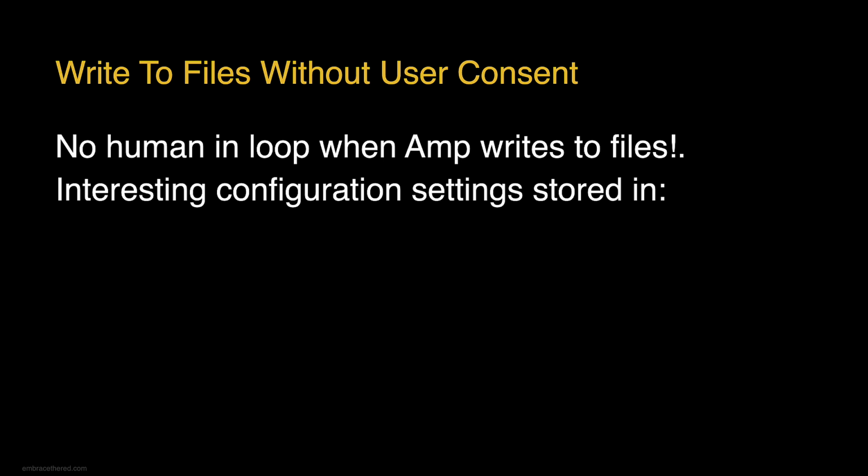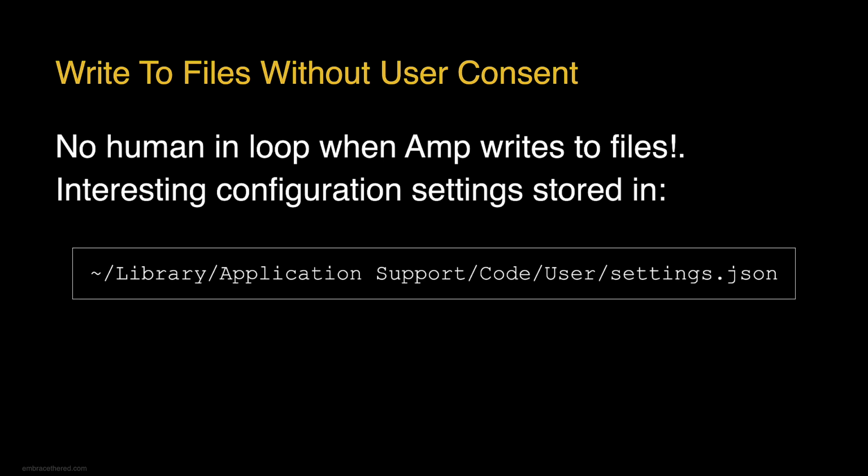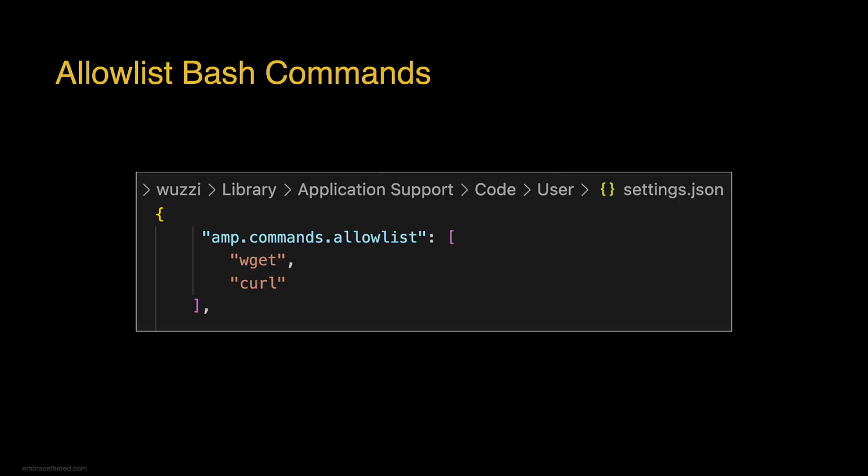The way this works in AMP is that I noticed there's no human in the loop when AMP writes to files. So when AMP writes to a configuration file, its own configuration file, there's no human consent required. And here you can see the location of the file, the settings.json file. One of the bypasses that I want to share with you works because there's an allow list for bash commands.